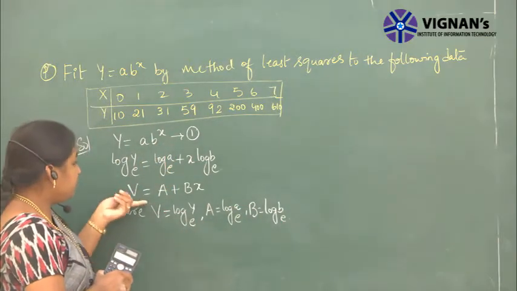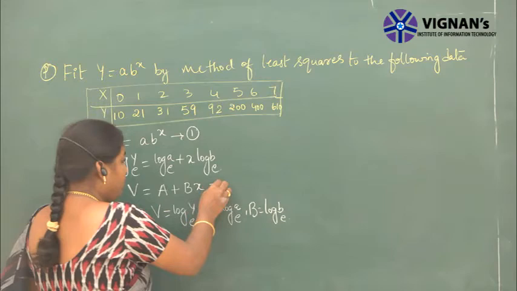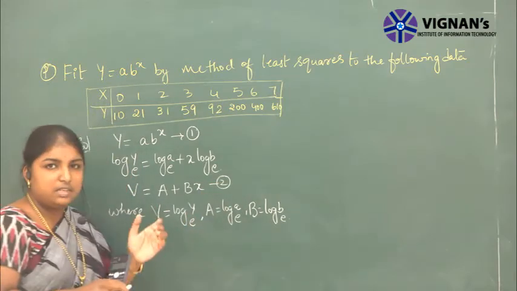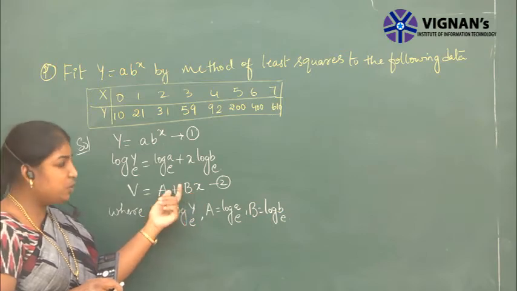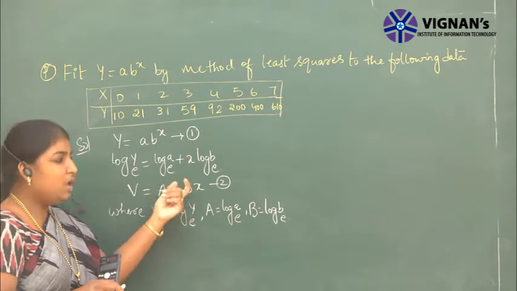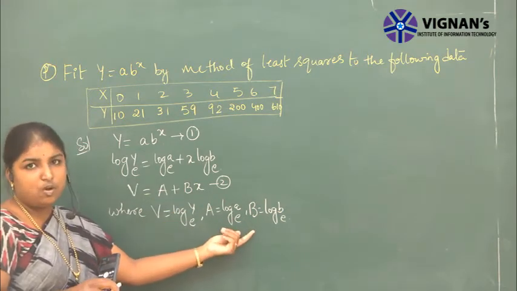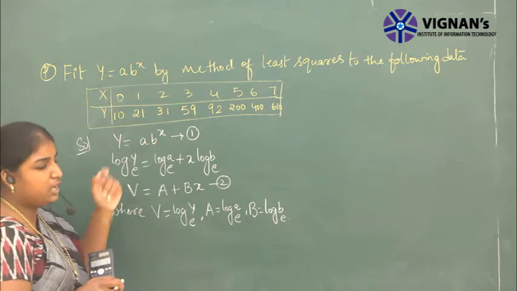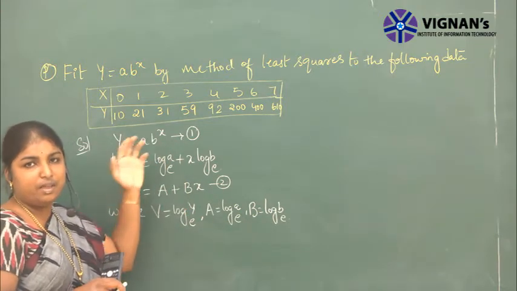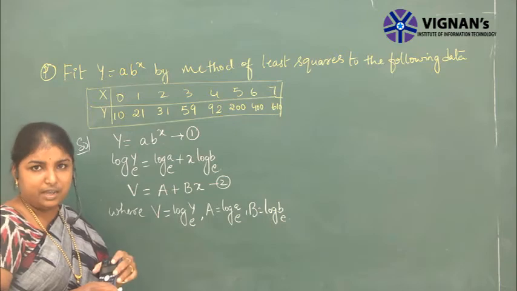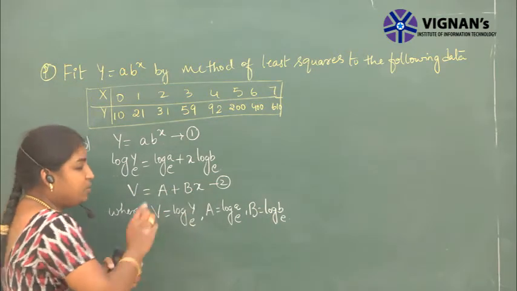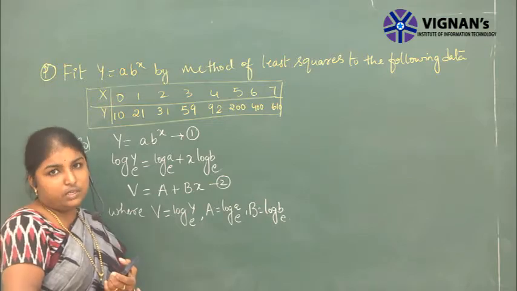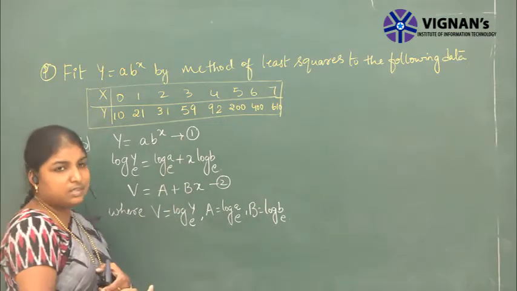Let it be equation 2. For solving this straight line, we get capital A and capital B values. Using that capital A and capital B, we can find small a and small b. Those values we are substituting in equation 1. We get the required curve for the given data. So for this equation 2, we have to write down the normal equations by using the method of least squares.